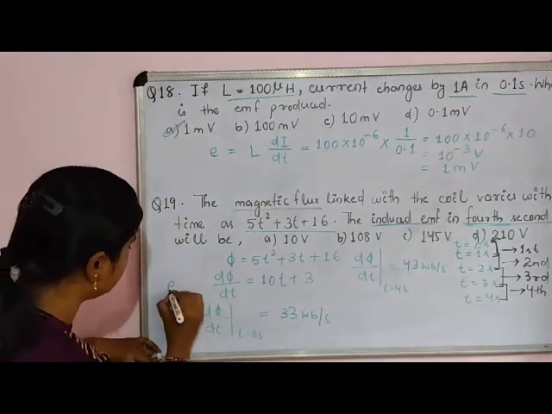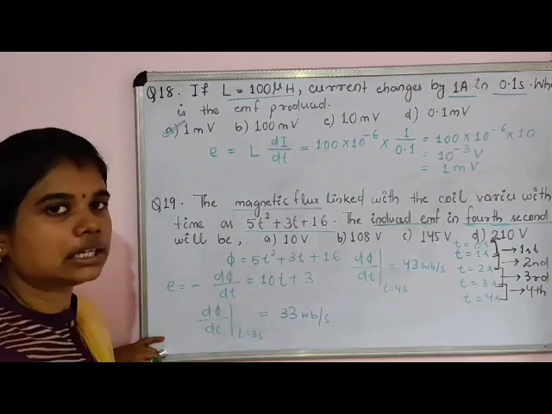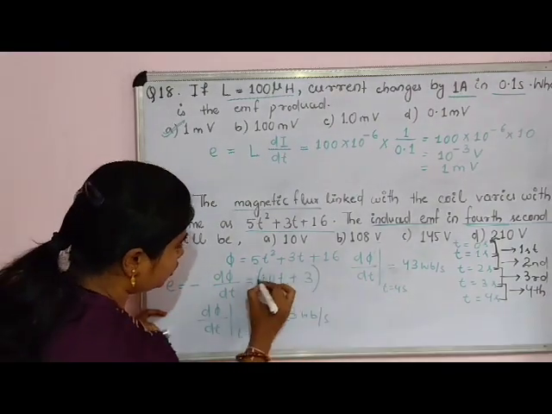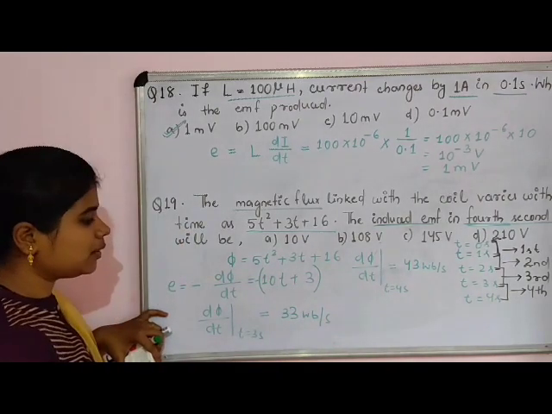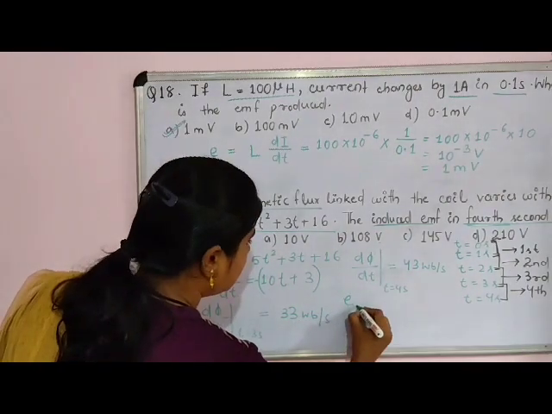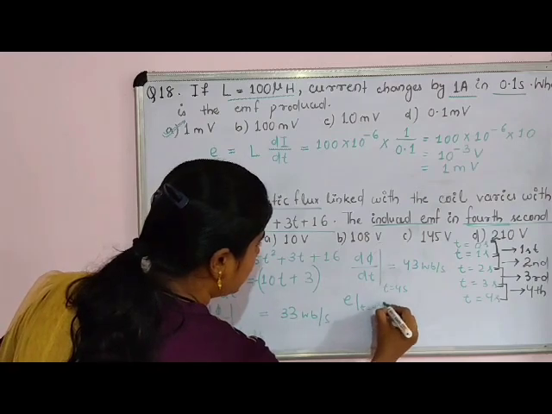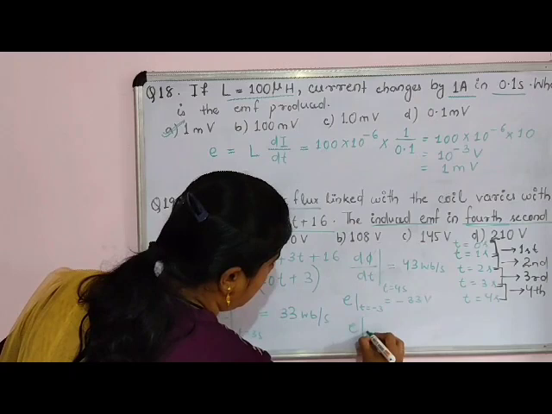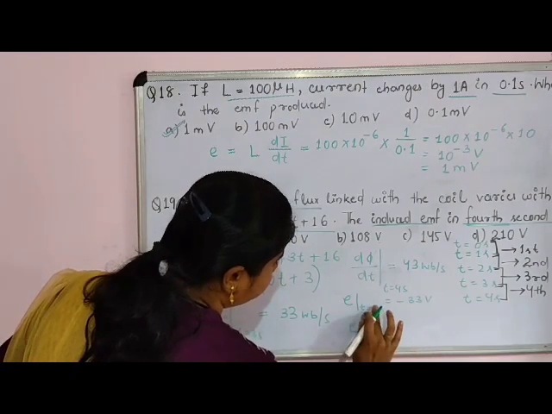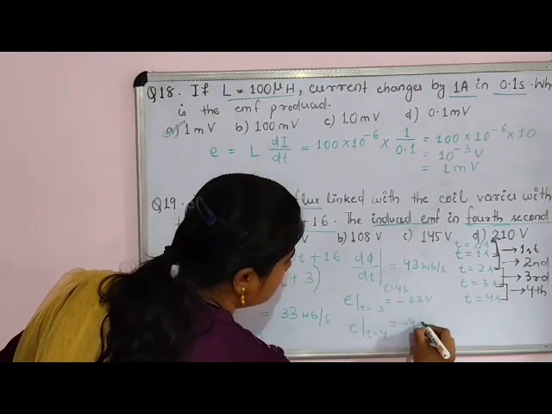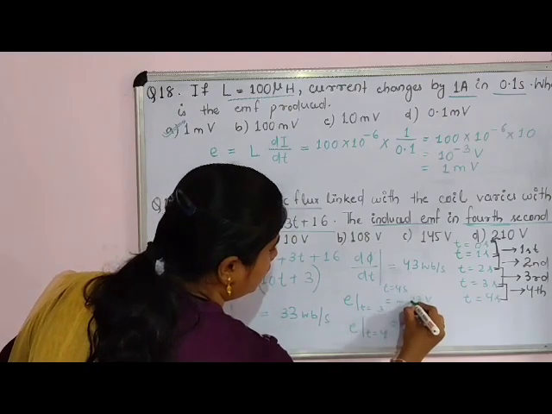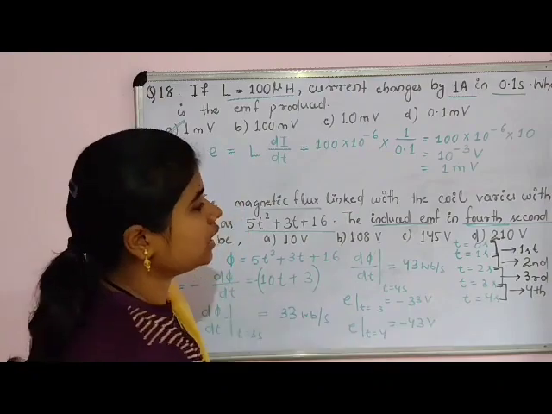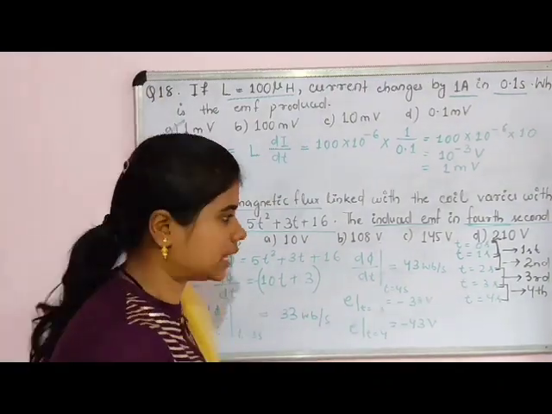Since we are finding out EMF, I can put a negative sign, that will be E equal to minus d phi by dt. So in the whole expression we put a negative sign. E at t equal to 3 seconds will be minus 33 volt, and similarly E at t equal to 4 seconds will be equal to minus 43 volt. Our job is to find the difference in the two, the induced EMF in the 4th second.